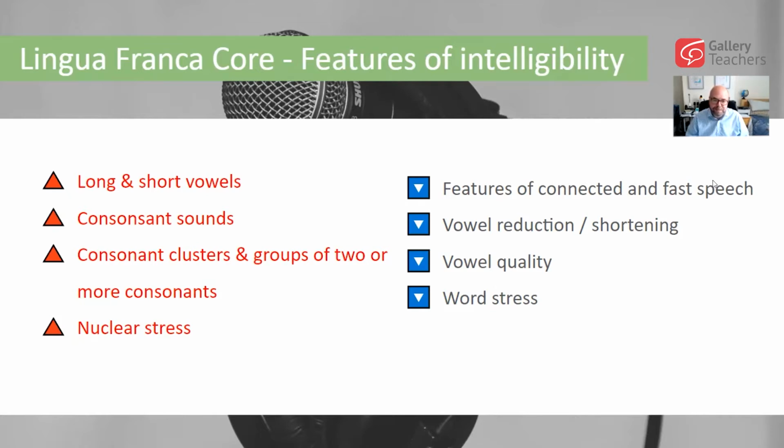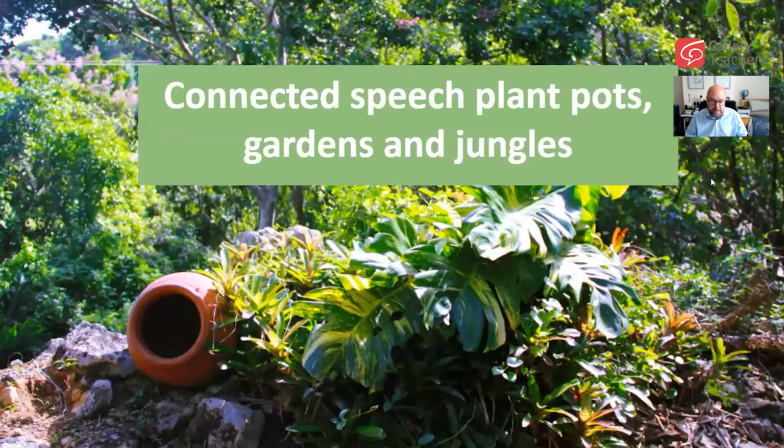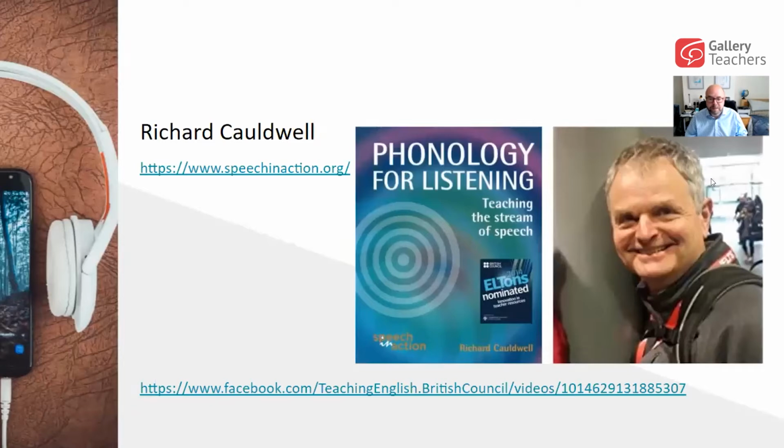So moving on then, I'm going to presume that for whatever reason, connected speech is something that you do think is important for your learners, either for the purposes of being able to decode what they listen to, or indeed as features of their own speech production. So to do that, I'm going to borrow from the work of Richard Cordwell. And I think this man is a genius. He has spent a lot of time looking at how, when we teach our students how to listen, we need to allow them into the secret of decoding and being able to decode fast and connected speech.